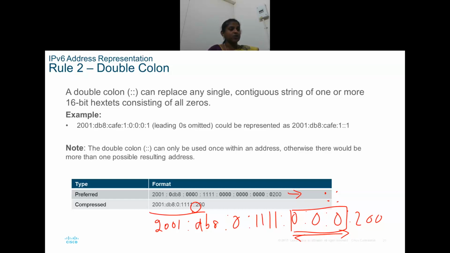So let me give you some examples. You can solve them and give the answer in the chat box.